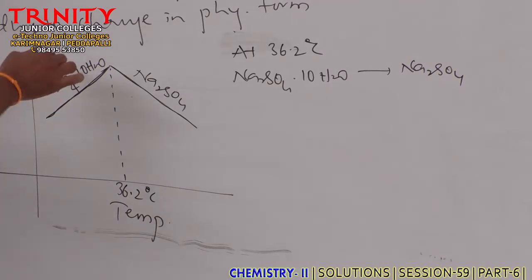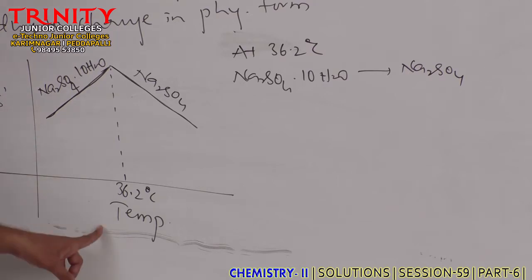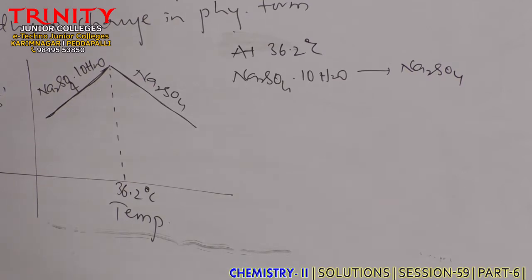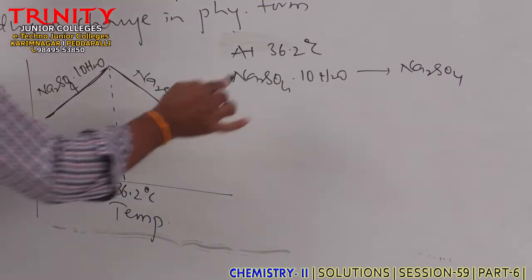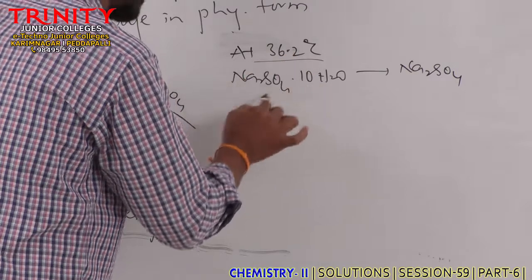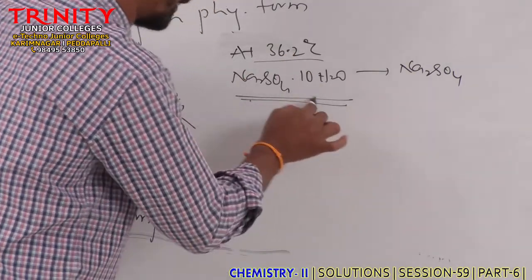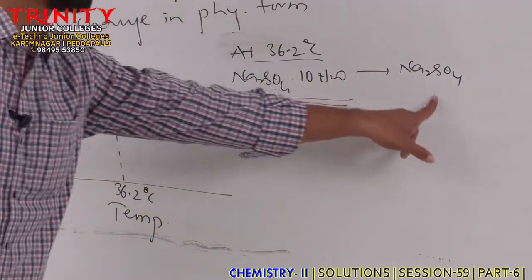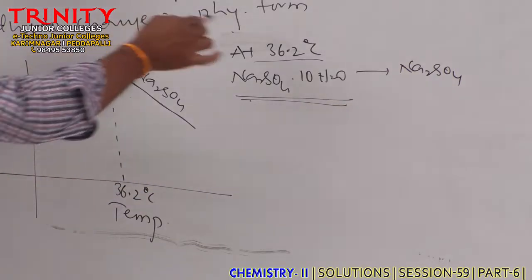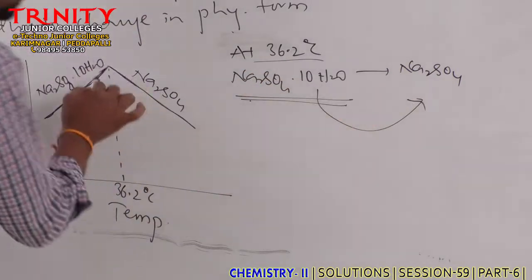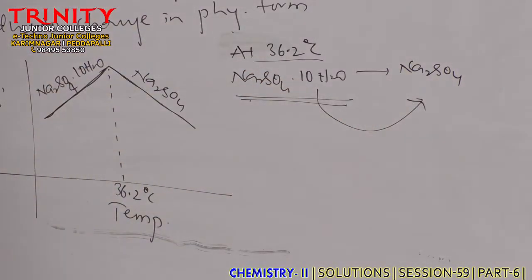That means the deviation in the graph is due to the change in physical form. At the transition temperature it converts from hydrated salt to anhydrous salt, so due to this change in physical form, its solubility also changes.